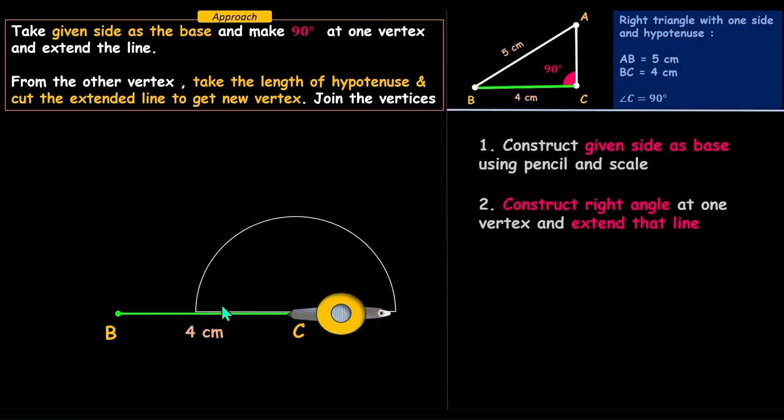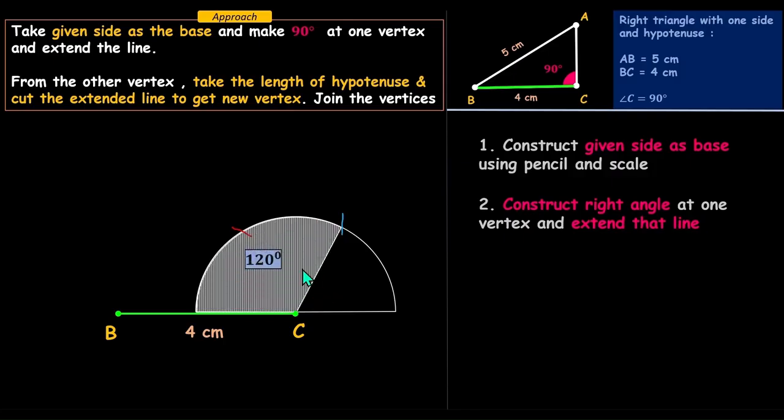Now from one endpoint, we'll cut the same radius at this point, and this would give us a 60 degree angle, whereas keeping the compass at the same length, we'll put it at this point and cut another arc right here. So this would give us 60 degrees, whereas this would be 120 degrees.